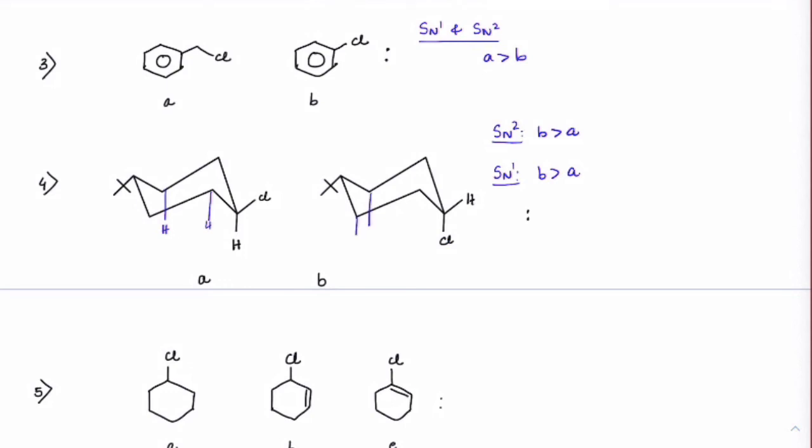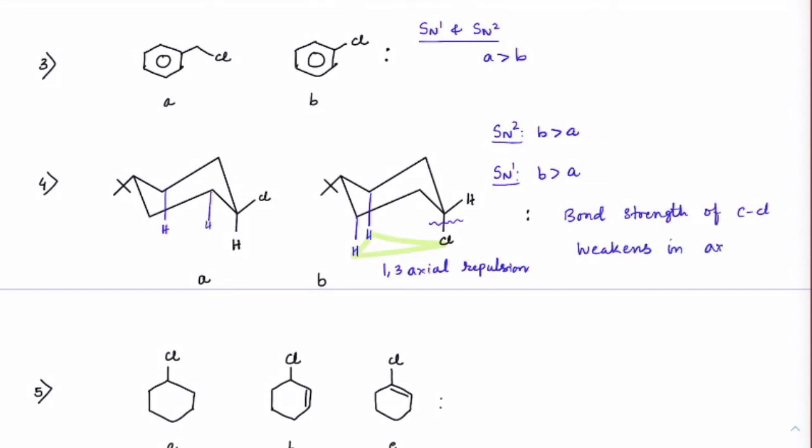Here and here, the hydrogens will give these 1,3 axial repulsions, because of which this bond can be broken easily and the carbocation can form easily. So the bond strength of carbon chlorine weakens in the axial position.